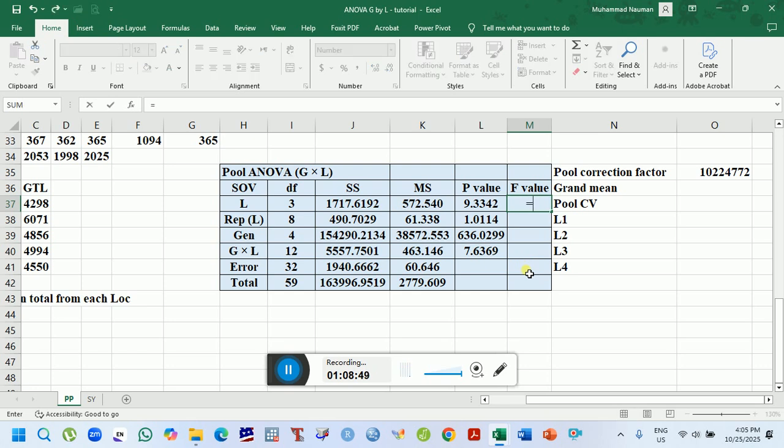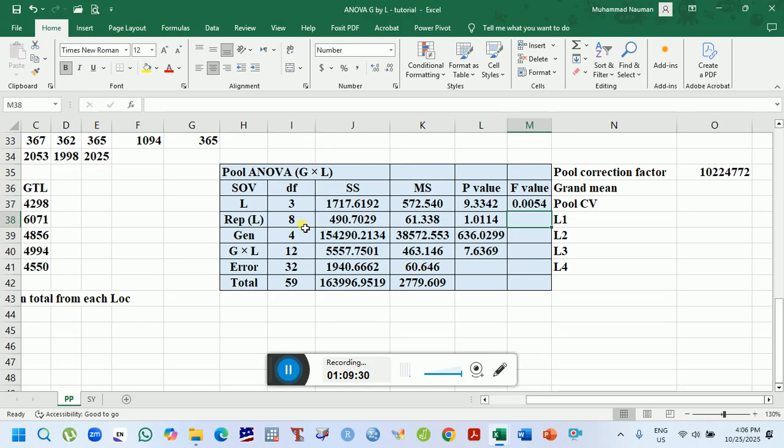It is equal to F.DIST.RT. Make the selection from the p-value of location, comma, the location degree of freedom, comma, and the rep within location degree of freedom as the error term for this location.